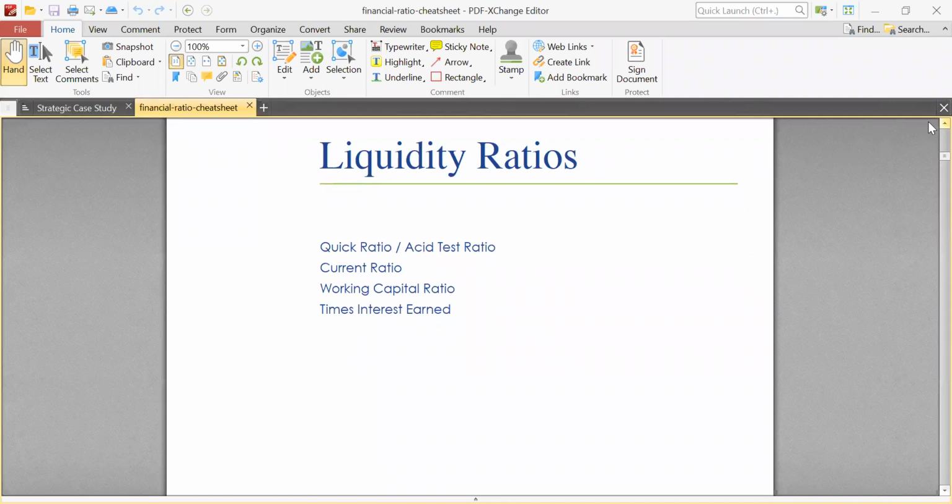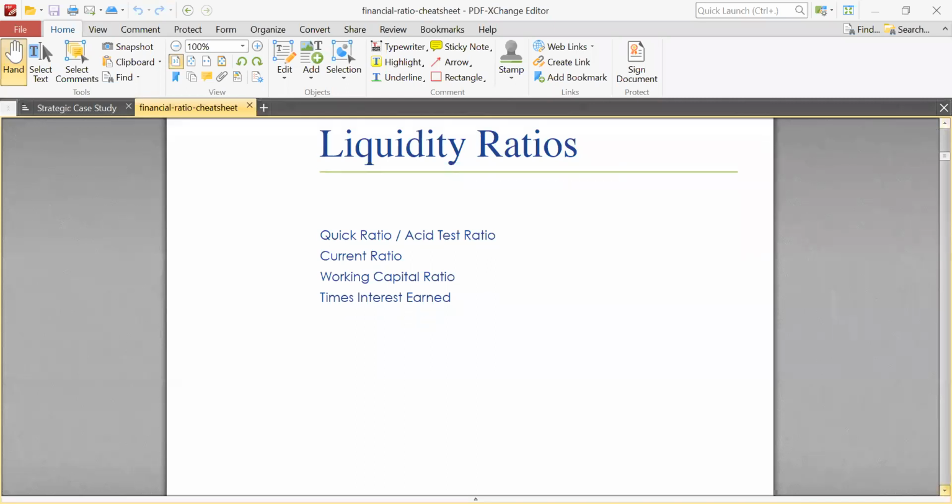Under this, you have the quick ratio, or the acid test ratio, the current ratio, the working capital ratio, and what we call times interest earned. Like I said, you don't need to memorize every single formula.